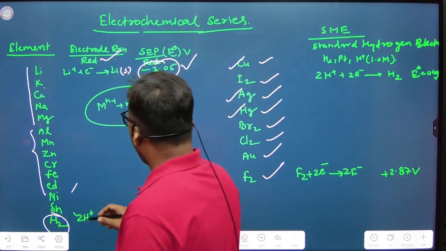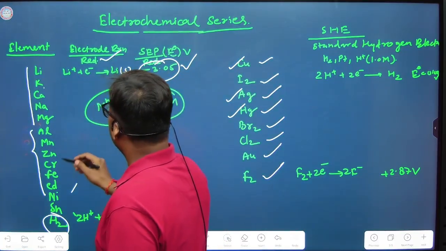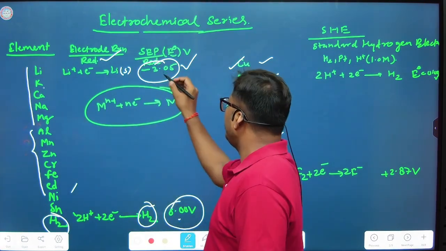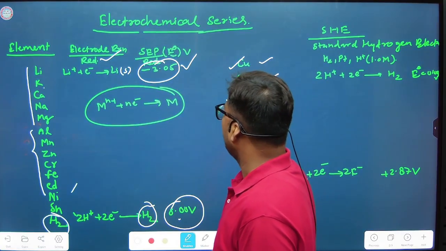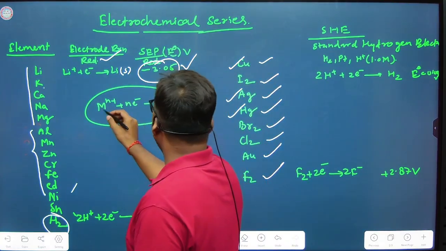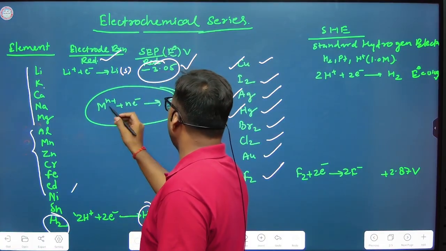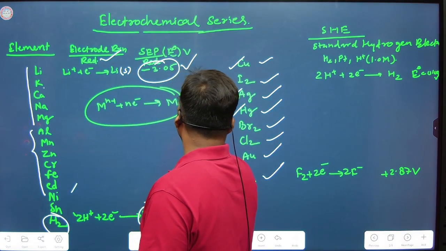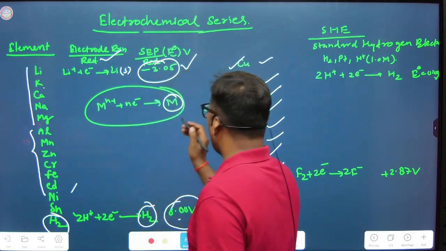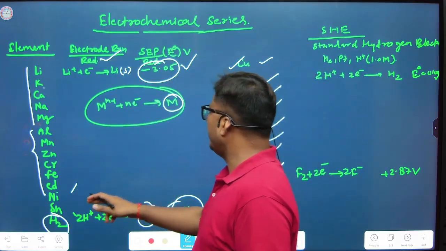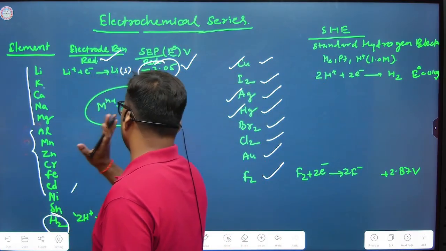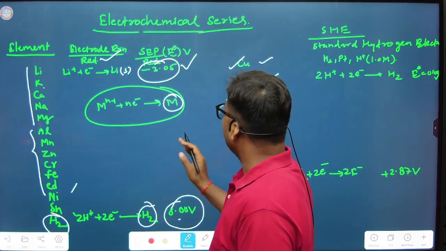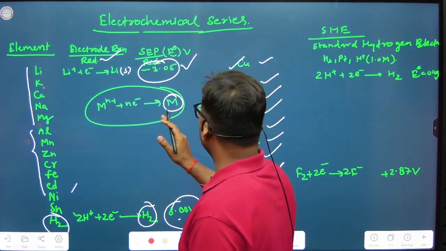So all these elements show reduction reactions and have negative standard reduction potential, and the reduction reaction looks like that: M n plus, where M is any element, takes an electron and is converted back to the metal or non-metal, whatever you select from above the hydrogen, right? Depending on the number of electrons, the value of standard reduction potential is fixed.